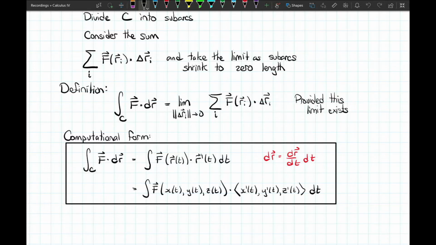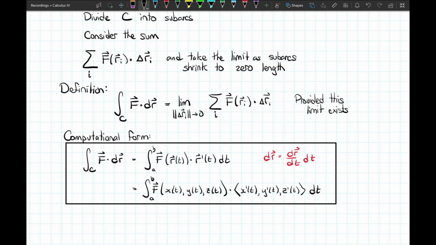It's a vector dotted with a vector, so that's a scalar function once you've evaluated it, and we're just integrating it with respect to t, over some interval from a to b. Another way to write that, if our function is in R3, is with the parameterization x of t, y of t, z of t, and the derivative x prime, y prime, z prime. When we take the dot product of these two, we end up with a function of t and integrate from a to b. That would be our interval.